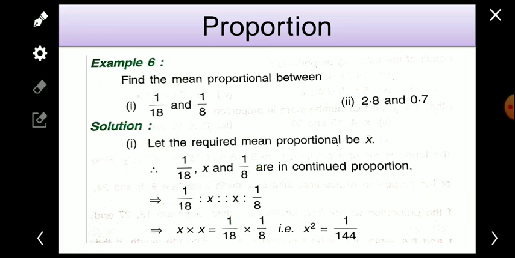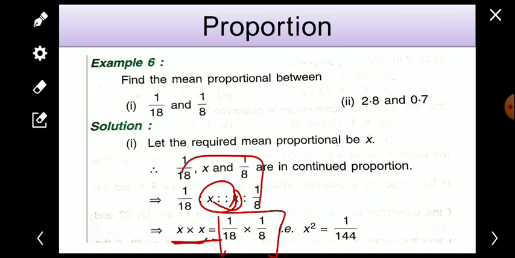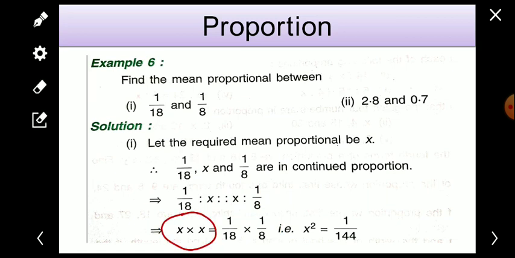Now x into x, the product of the means, is equal to the product of the extremes. Here we have x into x, which is x square, is equal to 1 upon 144. Multiplied, 1 into 1 is 1 and 18 into 8 is 144. So x square is equal to 1 by 144.